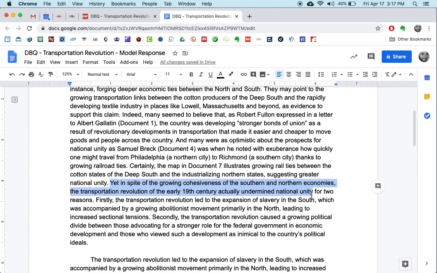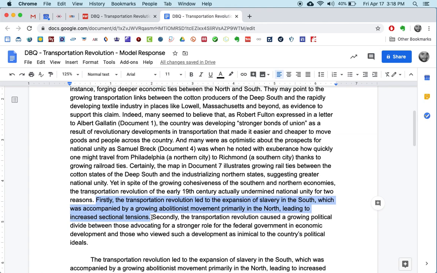And that's why I say there are 2 reasons why there was a dissolution of cohesiveness. Firstly, the transportation revolution led to the expansion of slavery in the South, which was accompanied by a growing abolitionist movement, primarily in the North, leading to increased sectional tensions. That's my first claim. And I will devote my first body paragraph after the thesis to that first claim.